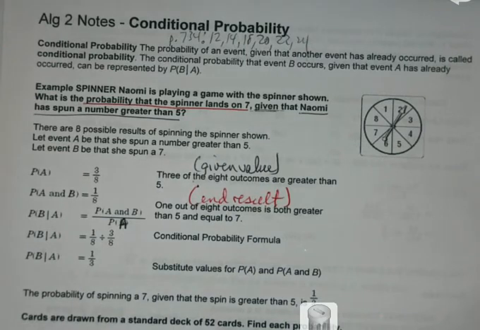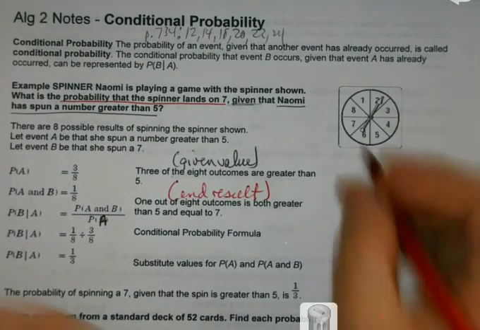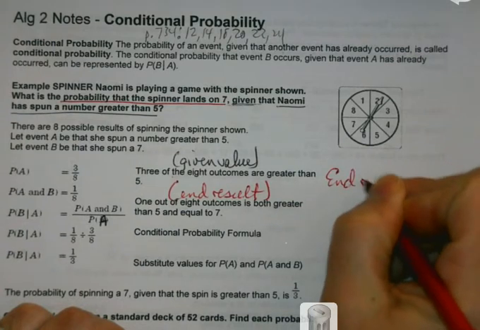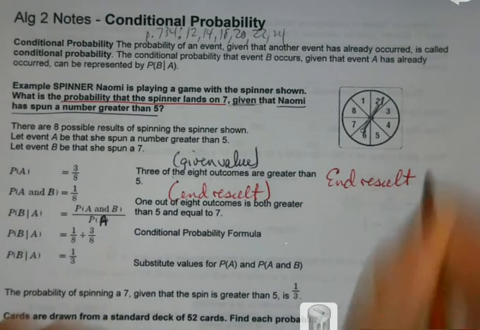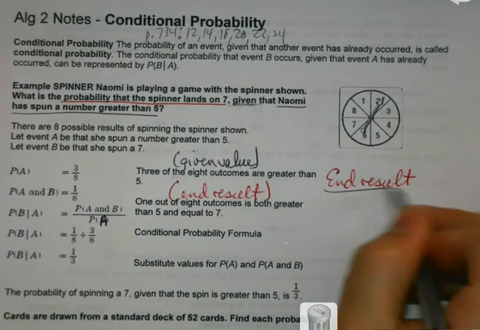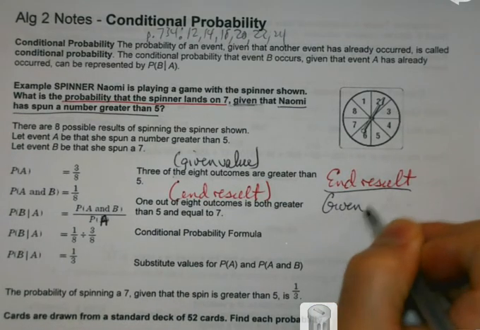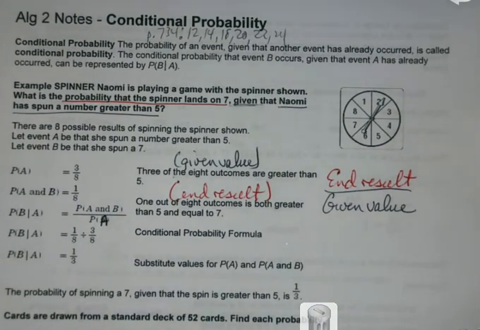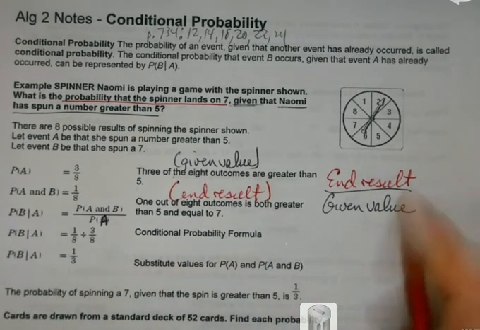So here's how this works every time. You're going to take whatever you want to happen at the very end, my end result, and divide it by the given value. That'll work. Now, you're going to start seeing that a little common sense would work too on this. So, for instance, here, my end result of the spinner landing on a 7 was 1 out of 8.